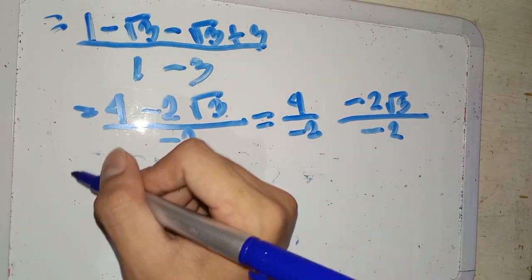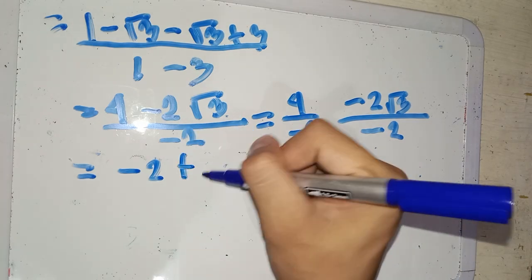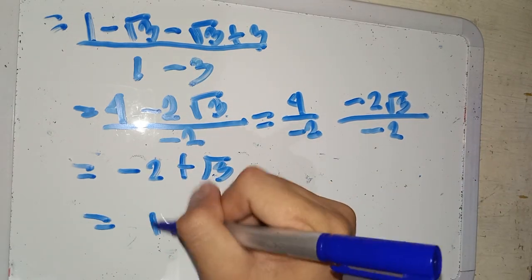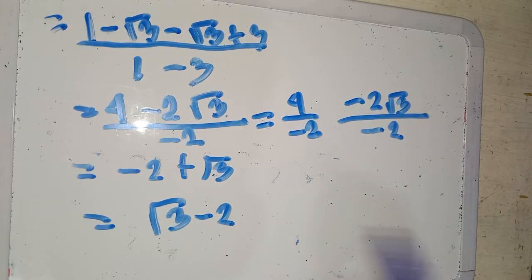So the answer is equal to negative 2 plus root 3. The final answer is root 3 minus 2. And that's all.